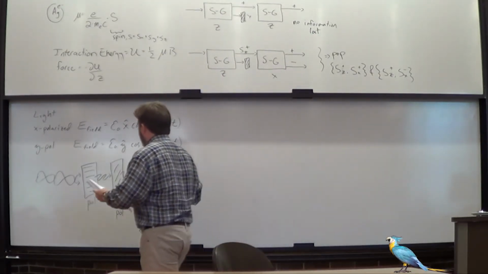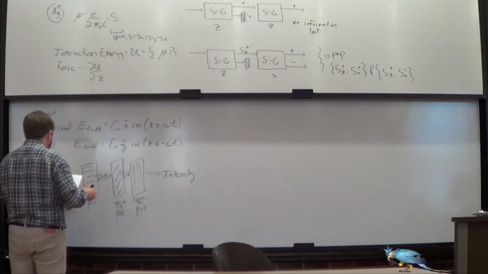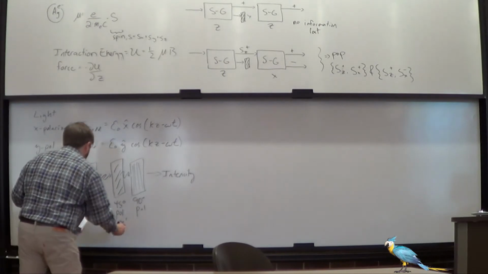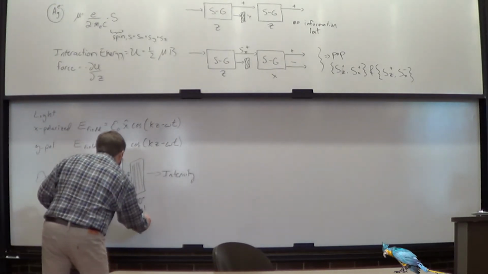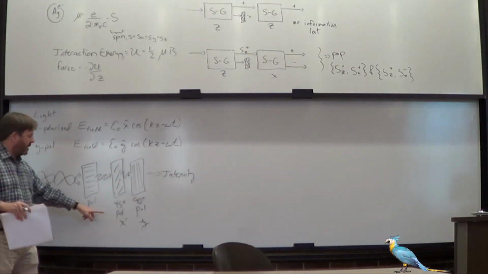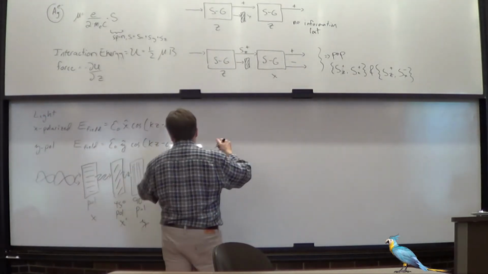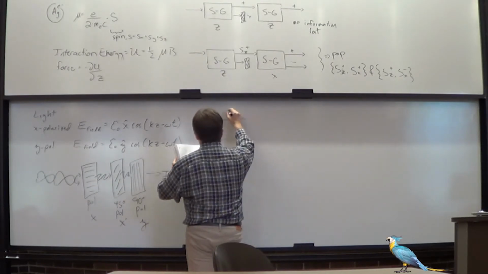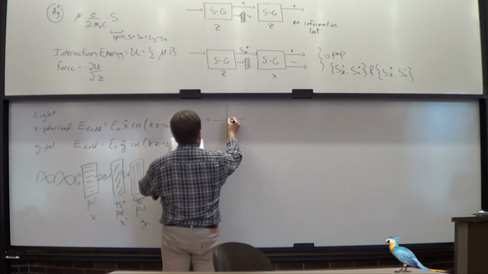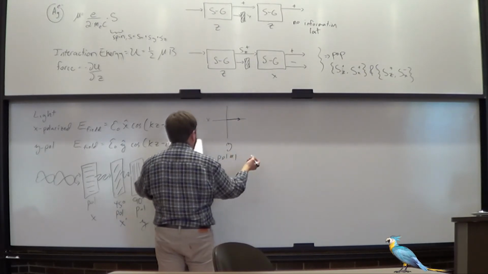Okay, so let's say this is x. Let's call this x prime, and then let's call this y. All right, so an x polarizer and then a y polarizer does nothing, but if we turn it at 45 degrees, let's call this coordinate x prime. Now let me do this visually and then I'll do it mathematically. So x and y, and the first polarizer did this.